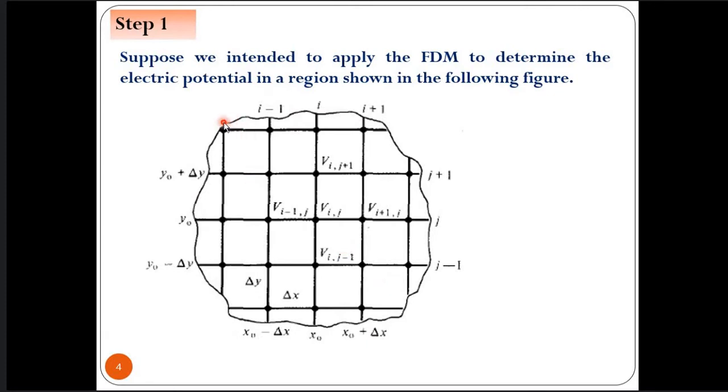To divide the entire region, we have drawn some vertical and horizontal lines, so that a single cell is called a mesh or grid.